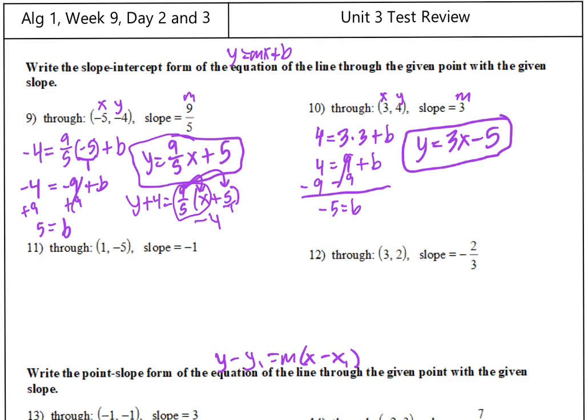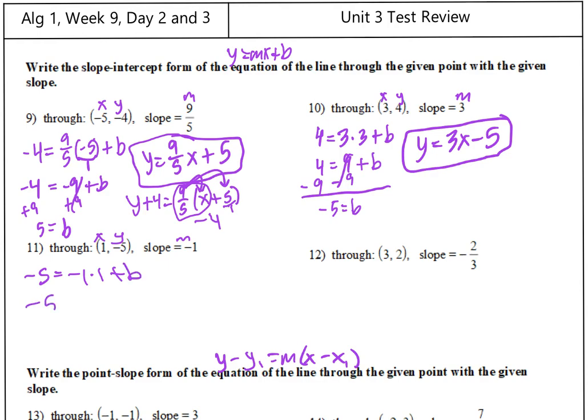Let's look at 11. We have the point 1 comma -5 and a slope of -1, and we'll plug it all in. So let's see. I'm going to do x, y, m. -5 equals -1 times 1 plus b.